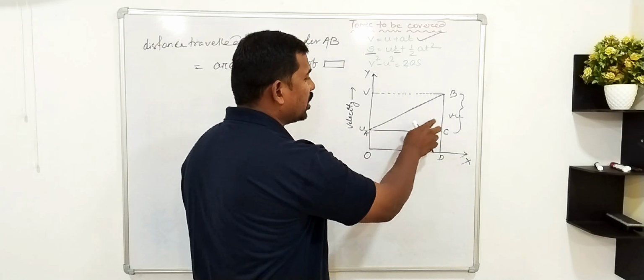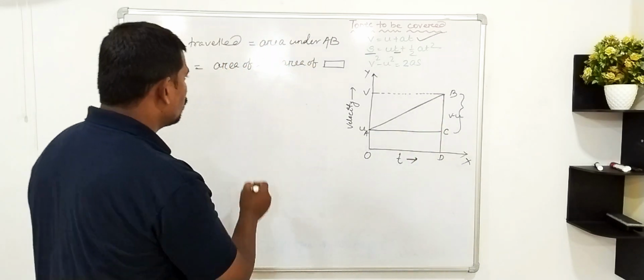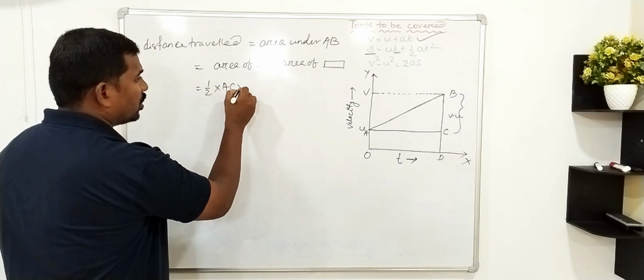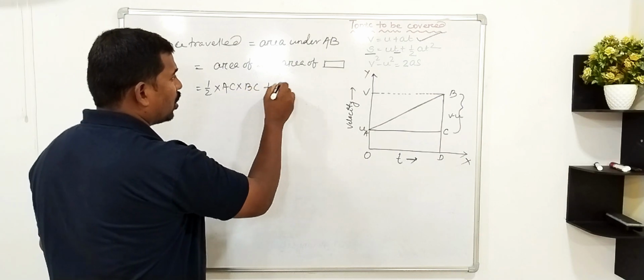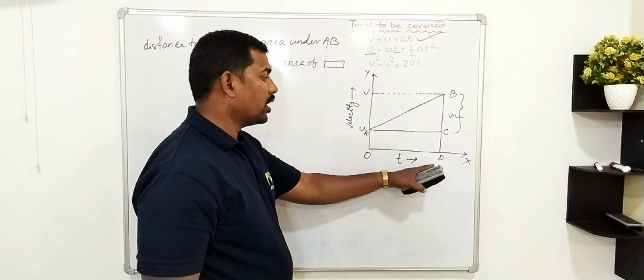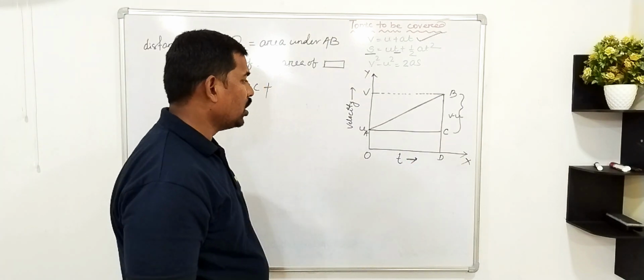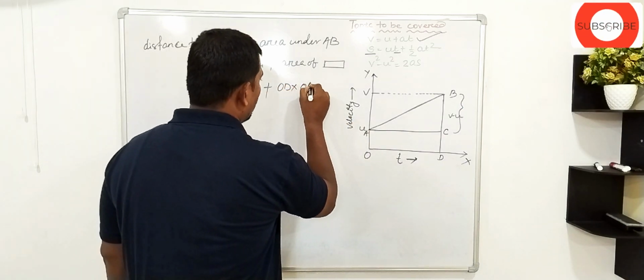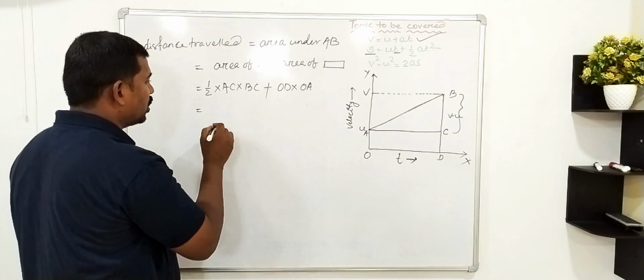Here base is equal to AC and height is equal to BC. So half AC into BC, plus area of rectangle, length into breadth. Length is your OD, breadth is equal to OA. So OD into OA.